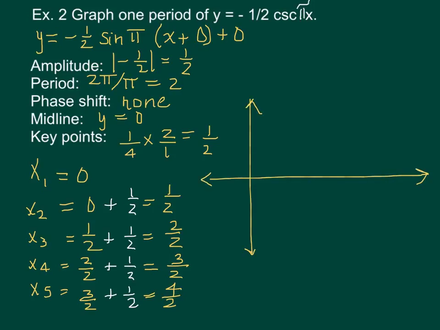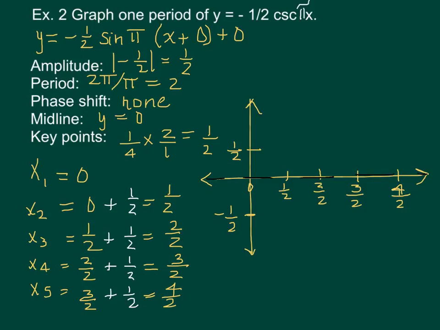So I'm going to place my X values: 0, 1/2, 2/2, 3/2, 4/2. And 1/2 and negative 1/2. Okay, so my midline is at 0.